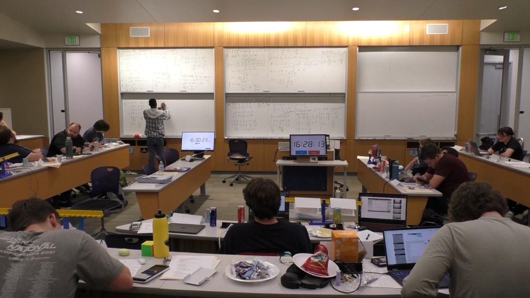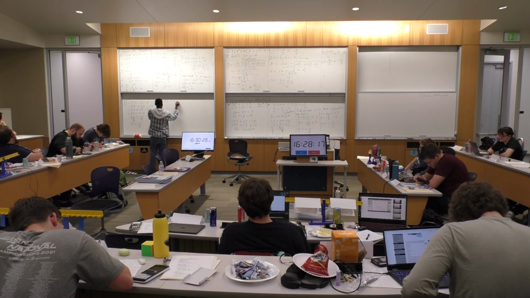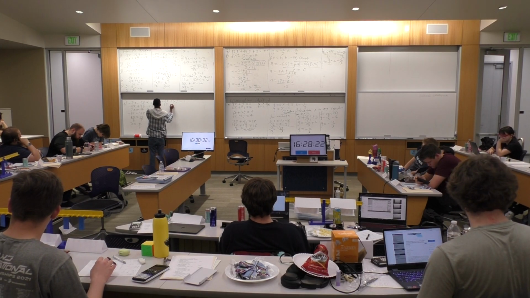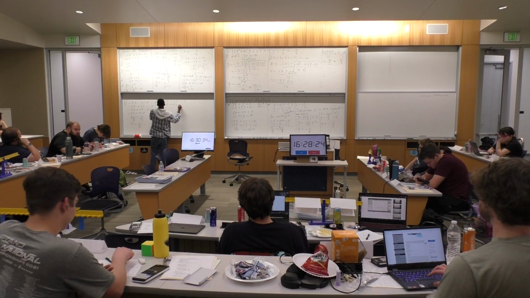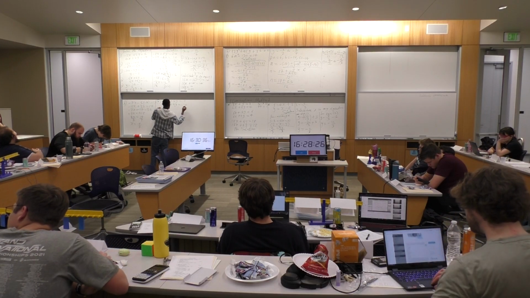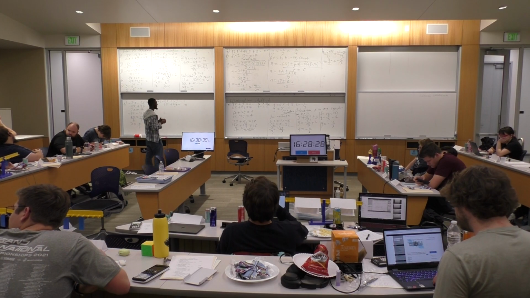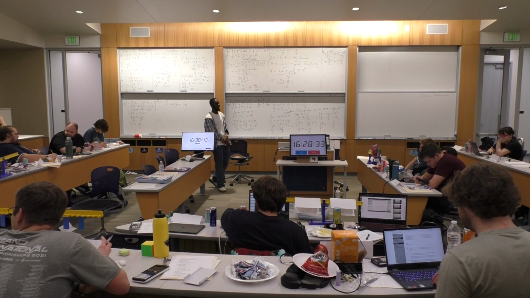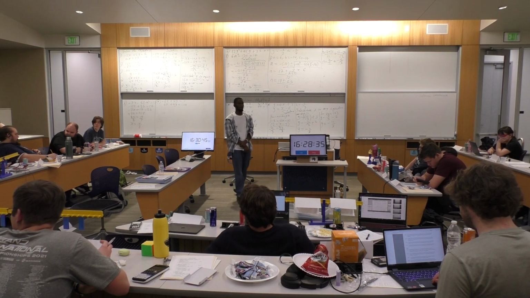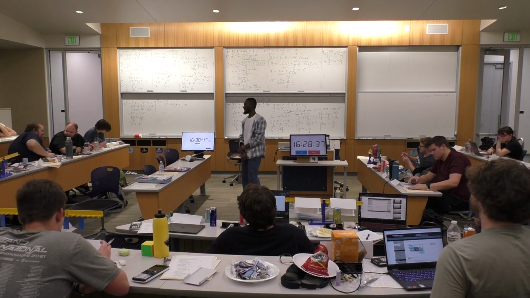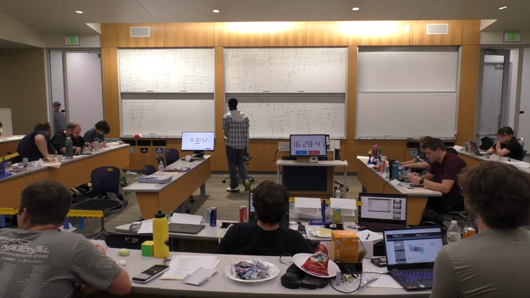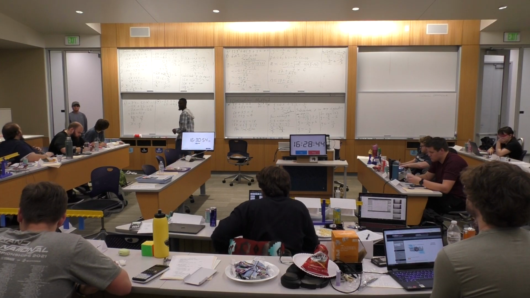Negative 6x plus 5y equals 1. 6x plus 4y equals negative 10. So what do we do? We just add. We only need to add.